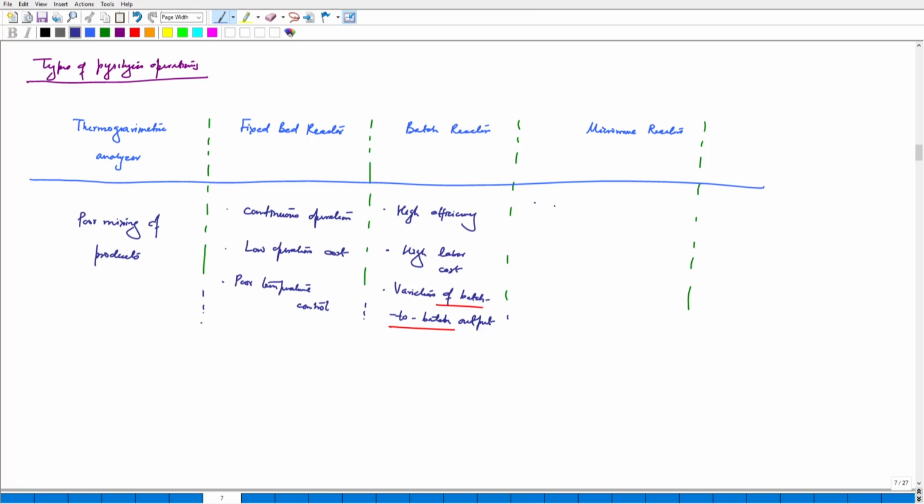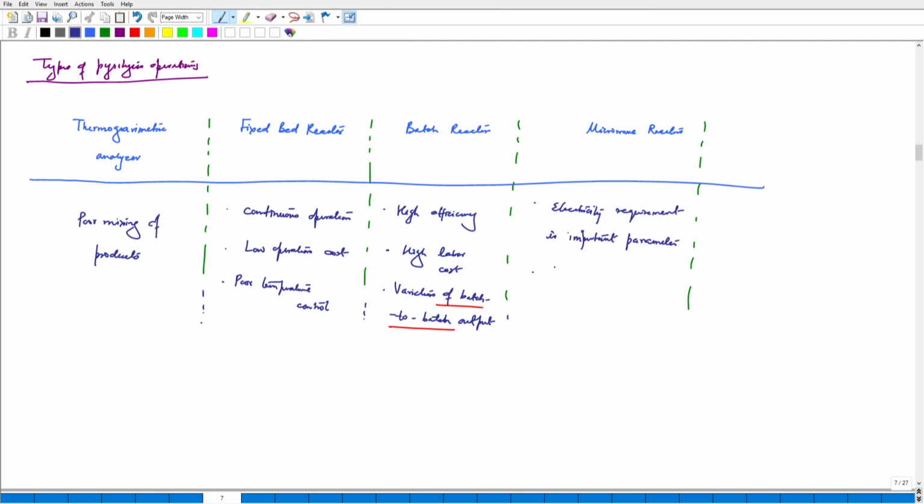So in microwave we know that electricity requirement is an important parameter, because it's not just heating, it's also providing the microwave input.